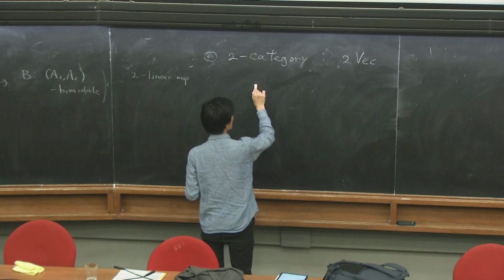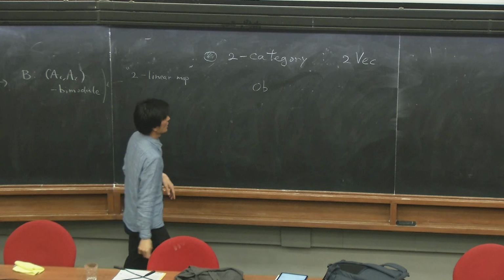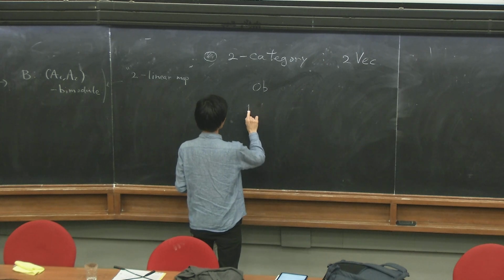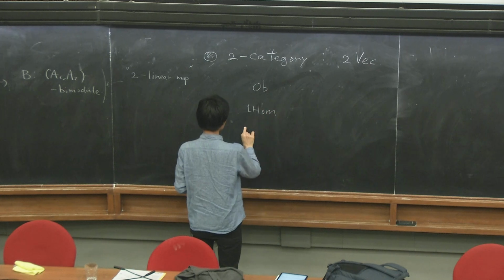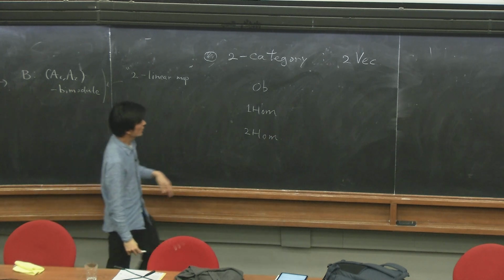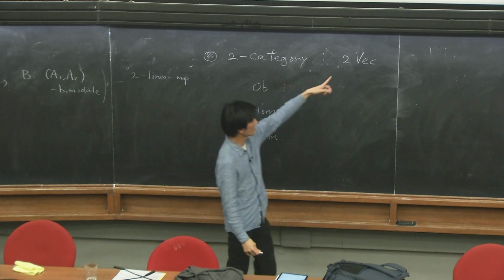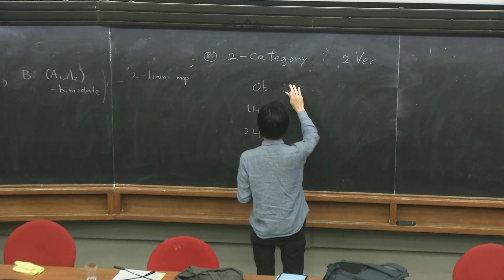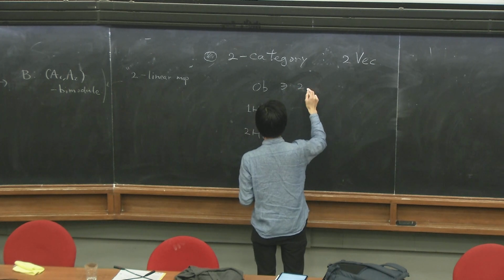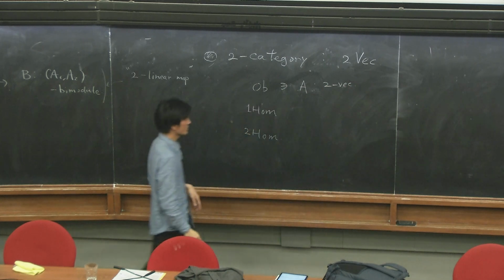As in an ordinary category, this 2-category of 2-vector spaces contains data called objects, 1-morphisms and 2-morphisms. Objects in this particular 2-category are of course the 2-vector spaces, like the Frobenius algebra.